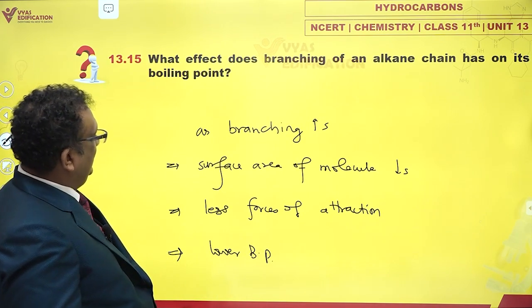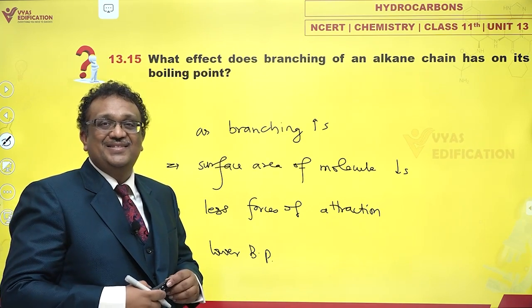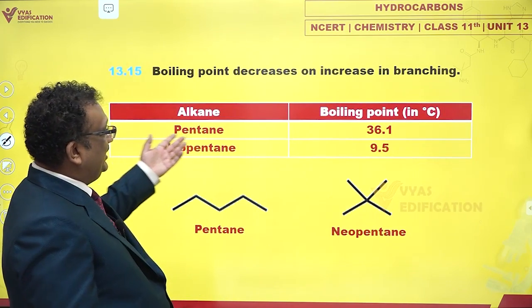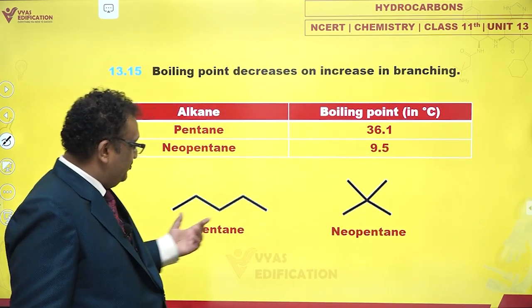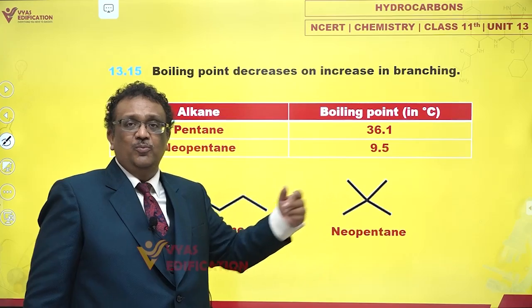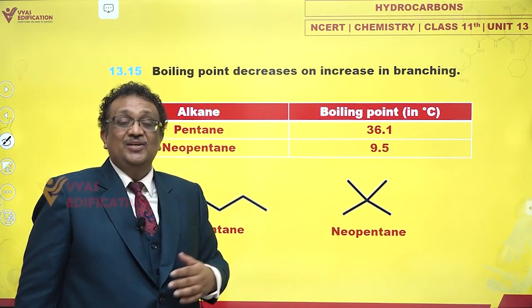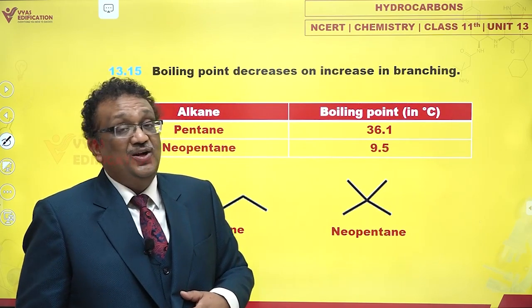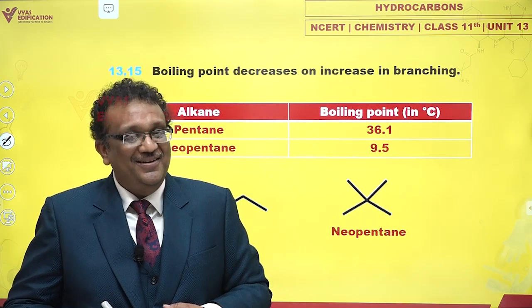So as branching increases, boiling point decreases. Look at a classic example. Pentane has a boiling point of 36.1 degrees Celsius, while neopentane, which has much more branching, comes down to barely 9.5 degrees Celsius. Why? Branching increases, surface area decreases, dispersion forces decrease, and boiling point also decreases.